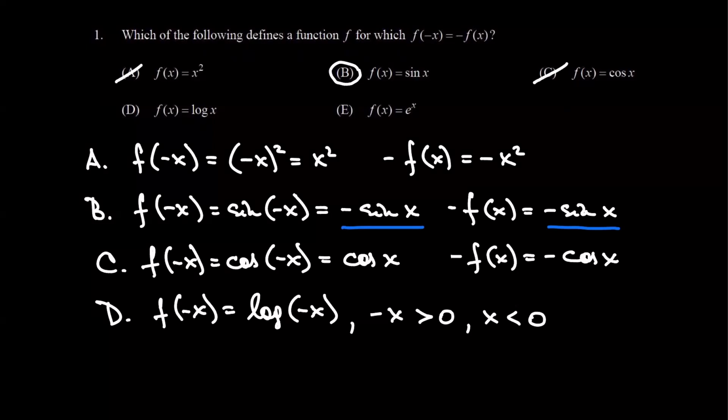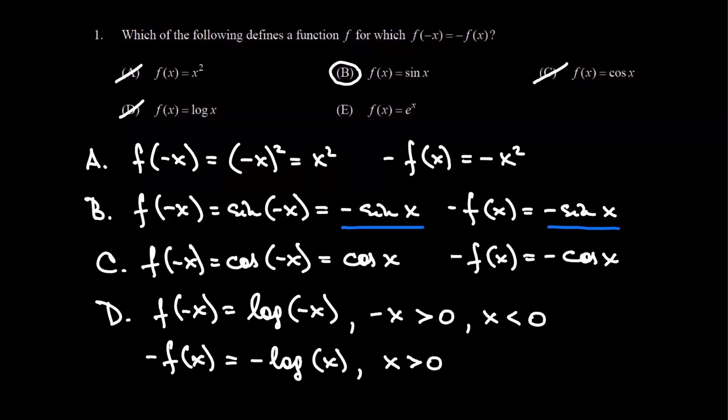However, negative f of x is equal to negative log of x, and this function is only defined for positive x, x greater than 0. So these two functions are actually defined on different domains. So D is not the answer either.